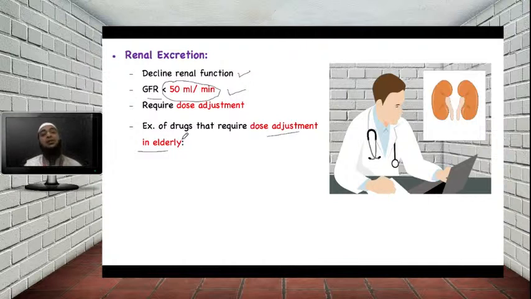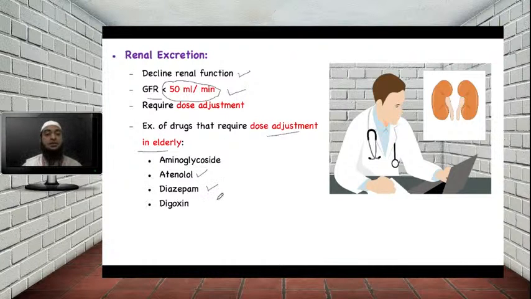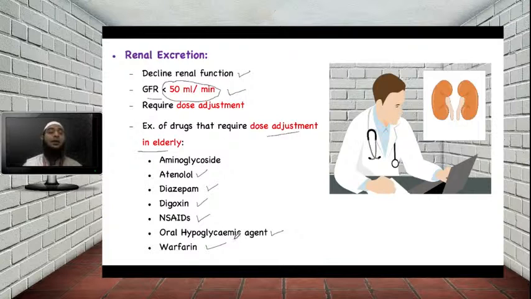If the physician has not considered this, you should be able to consider it and correct the problem in the prescription. Let's see which drugs need dose adjustment: aminoglycosides, atenolol, which is given in hypertension, diazepam, which is given in convulsions or to induce sleep, digoxin, which is a cardiotonic drug, NSAIDs given in pain, oral hypoglycemic agents given in diabetes, and lastly warfarin, which is an anticoagulant drug.